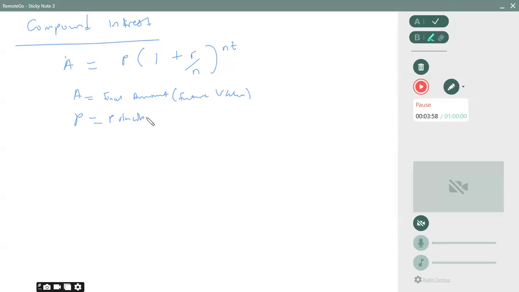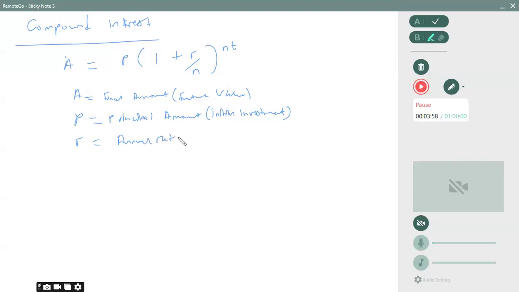What is the principal amount? For principal amount, we are referring to the initial investment. How about R? R is for rate, basically the annual interest rate.